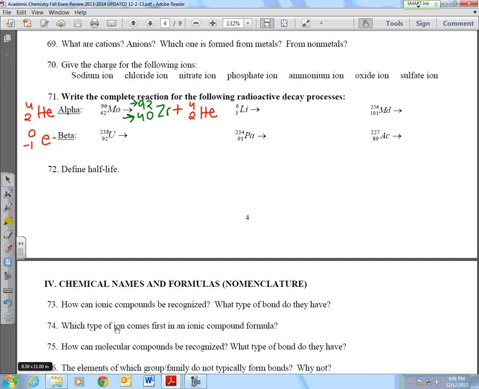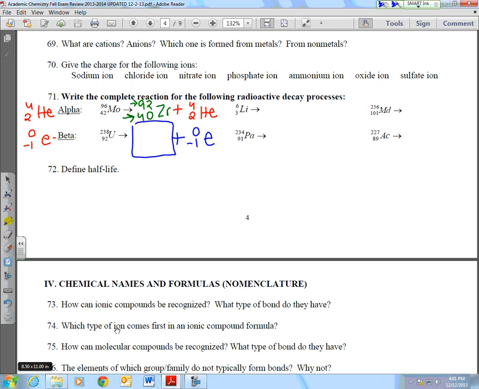Awesome. Do you want to see a beta? I'm going to do one anyways because it's negative, so kids mess it up. Okay. I won't ask you to do a gamma. Okay. So with beta, it releases a beta particle, and then this new stable compound has to add up to the other side.